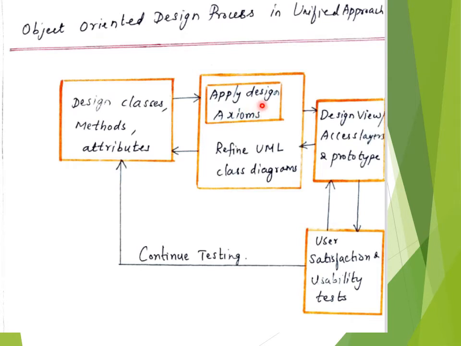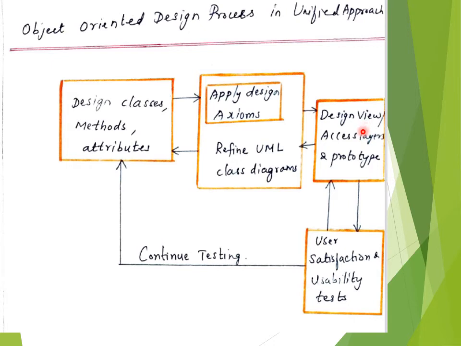After applying design axioms, it must be refined, and then the refined UML class diagrams will include the design classes, methods, and the attributes. After applying the design axioms on these classes, we have to move on to the access layer and view layer.